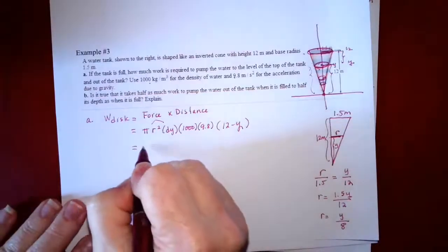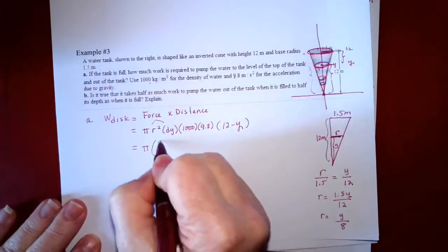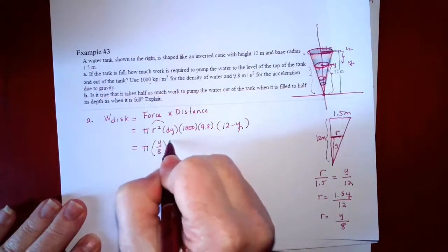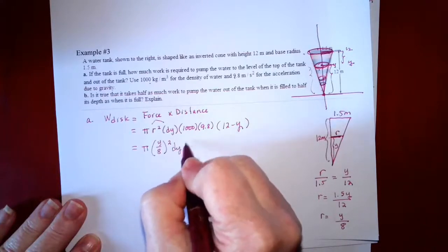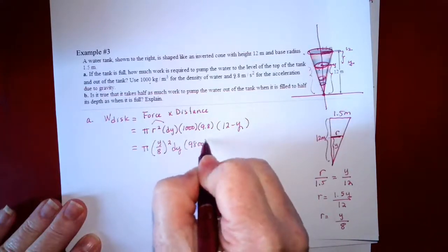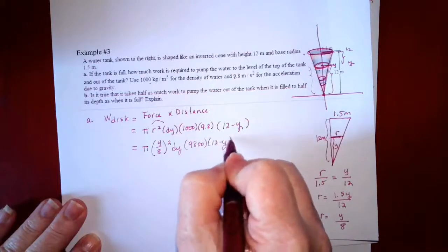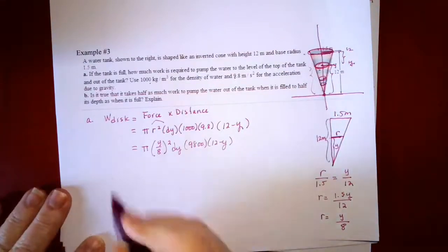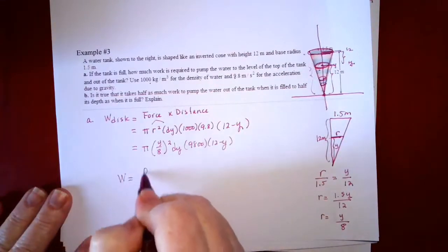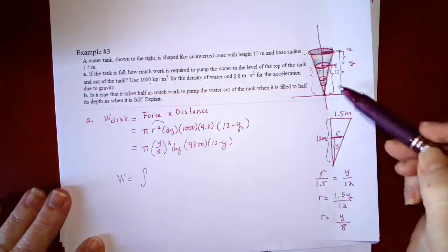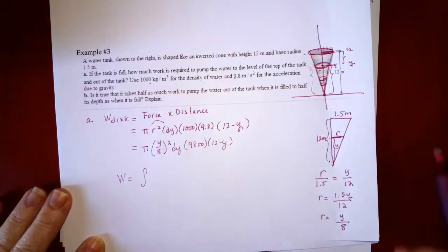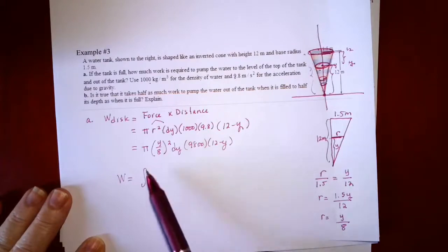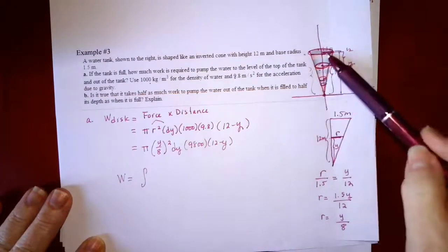So we're going to have pi times y over 8 squared dy, 9,800 times 12 minus y. And the work in total will be what we get when we add up all the little increments of work. The limits on your integration will come from the limits on water in the tank.